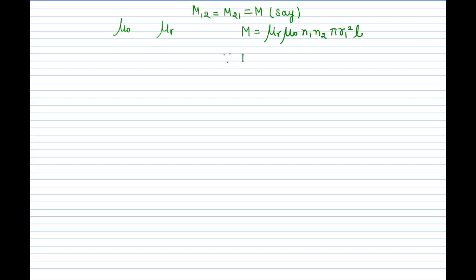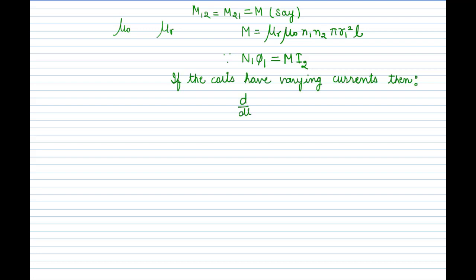Now we can say N1 phi1 is equal to M i2, because M is the common mutual inductance we have taken. If the coils have varying currents, we can write the change in current. Differentiating both sides with respect to time, d by dt of N1 phi1 is equal to M di2 by dt.